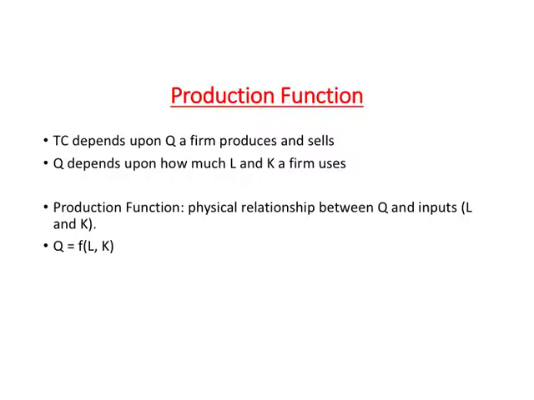Now, a production function is a physical relationship between output and inputs. And inputs we know are labor and capital, with labor denoted by L, and K representing all non-labor inputs. When we use the term physical, what we have in mind is a non-financial relationship.